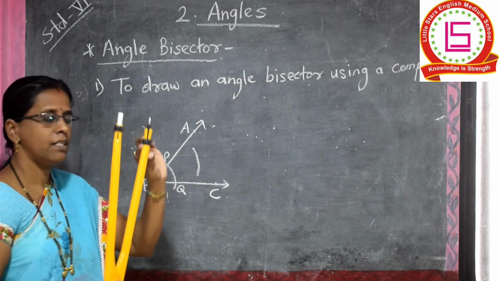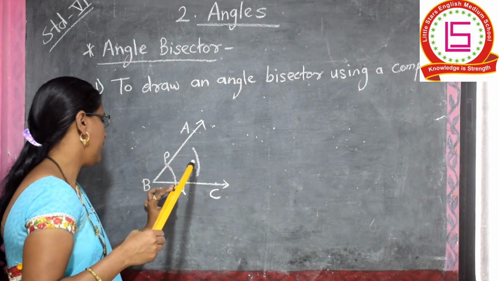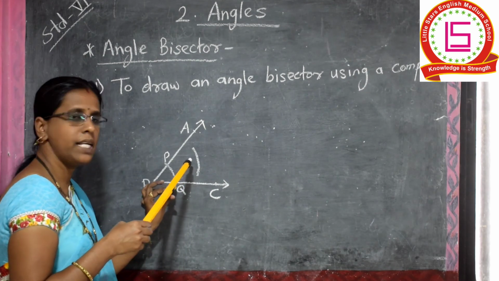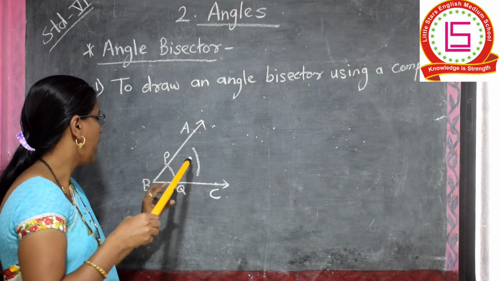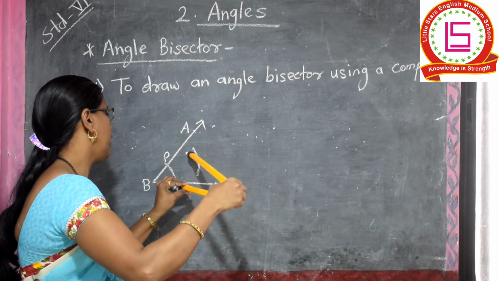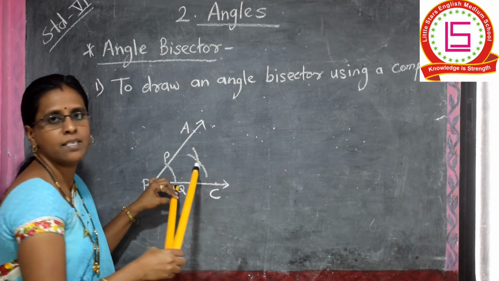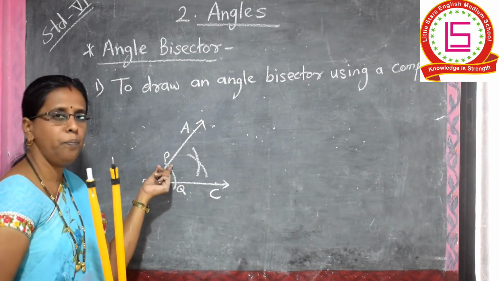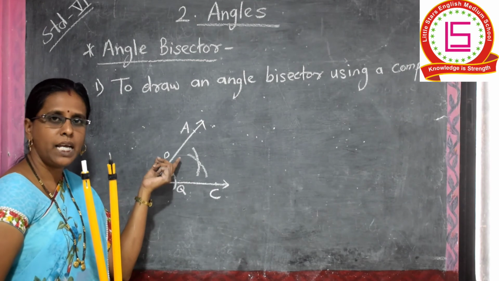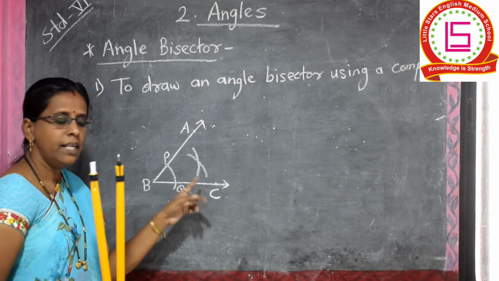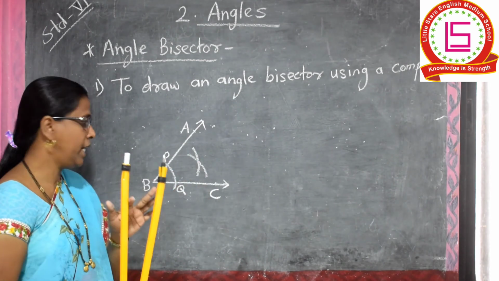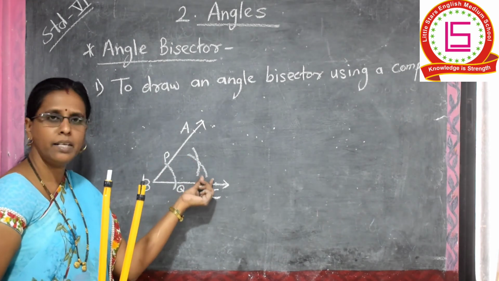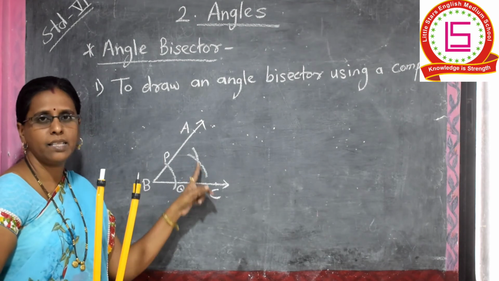With this distance, we take another arc from Q. Place the compass at point Q and draw an arc to intersect the first arc. Okay, first you draw an arc from P, then with this equal measurement, place the compass at point Q and draw the next arc to intersect the first arc.